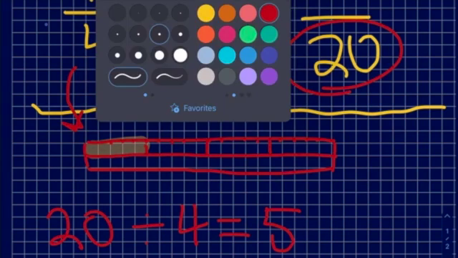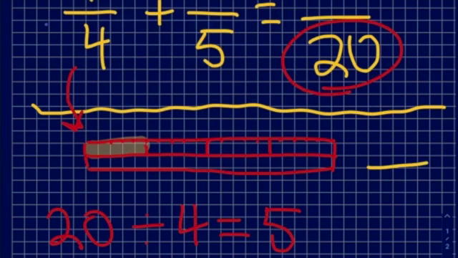So, how do we know how many 20ths there are? Well, we've already divided it into 20 parts, right? 1, 2, 3, 4, 5, 6, 7, 8, 9, 10, 11, 12, 13, 14, 15, 16, 17, 18, 19, 20. So I already have 20ths, right?